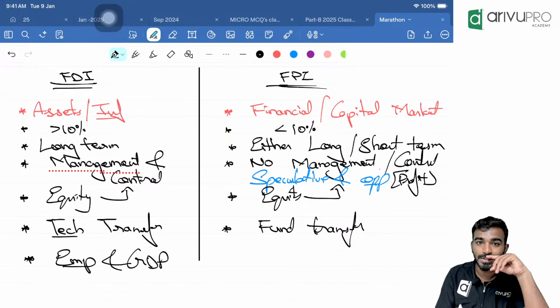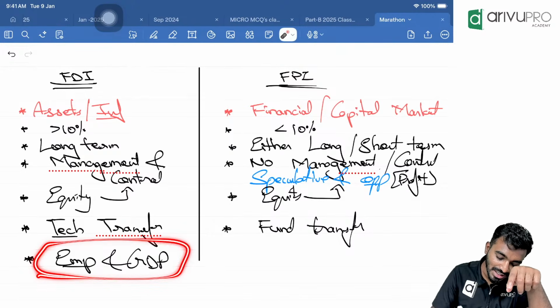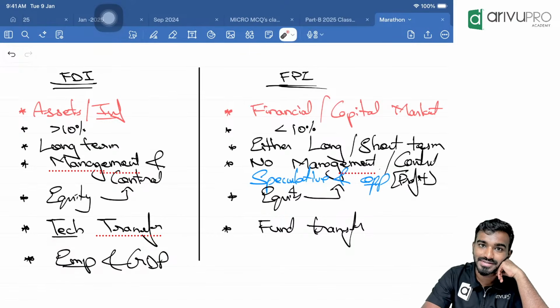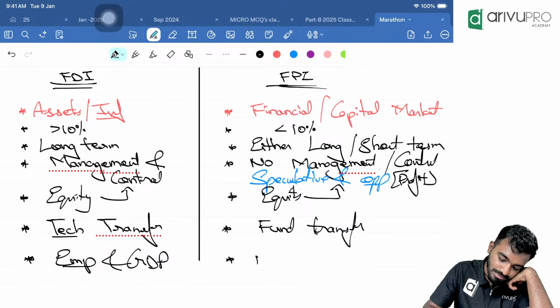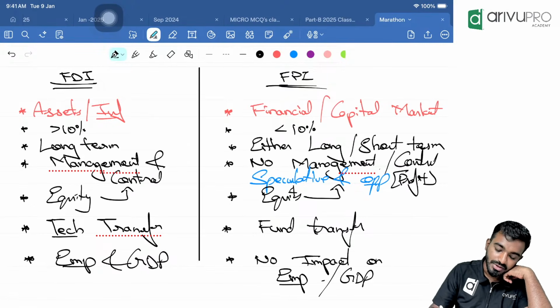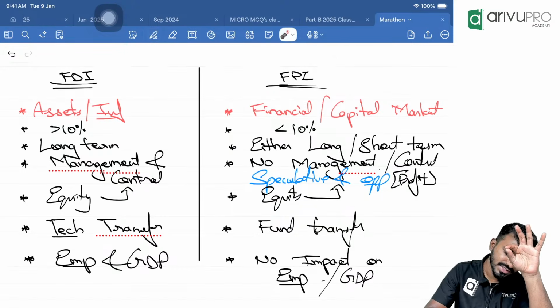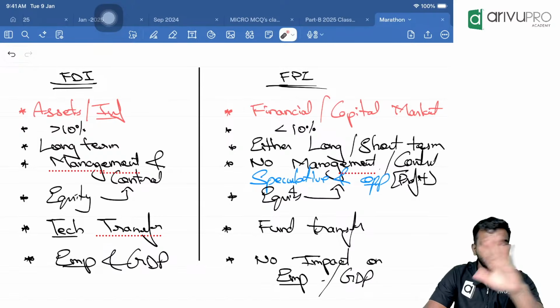Foreign investment comes in, they take local employment and produce inside India, so GDP will increase in India. But in FPI, there is no impact on employment or GDP of the nation. It is purely a speculative motive: invest, take a nice amount of return and profit, and bye-bye.